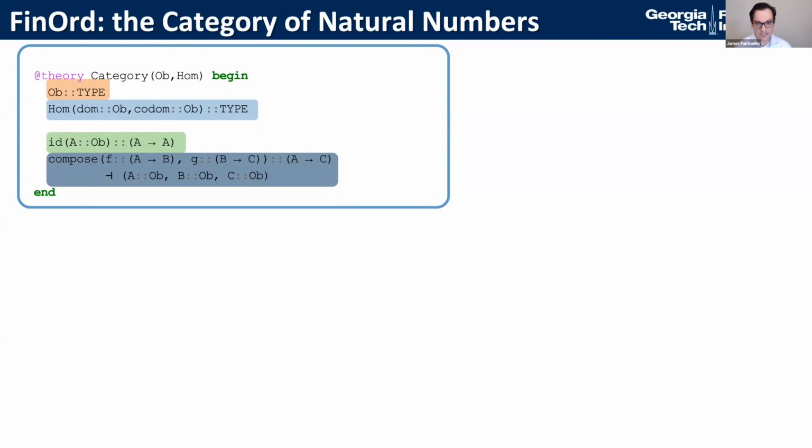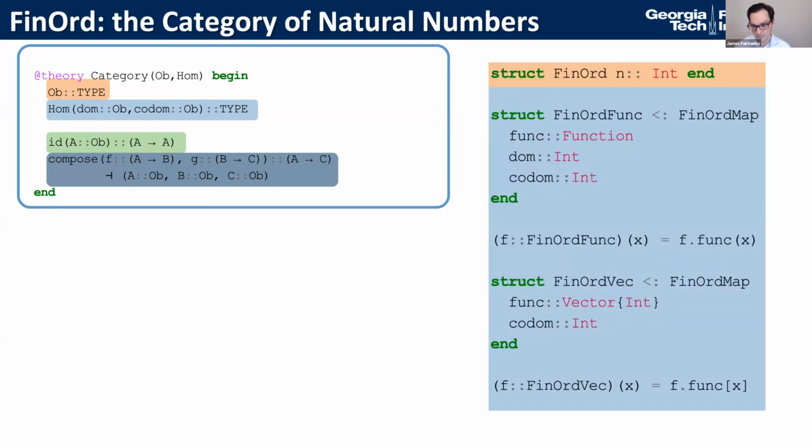Then you want to map this into Julia types that are given by some data structures. So struct is just the keyword that creates data structures. And in Julia, you have FinOrd, which is going to be a natural number, so we're going to store it as an int. FinOrd funcs, which are a type of FinOrd map, you store a Julia function along with its domain and codomain as integers.